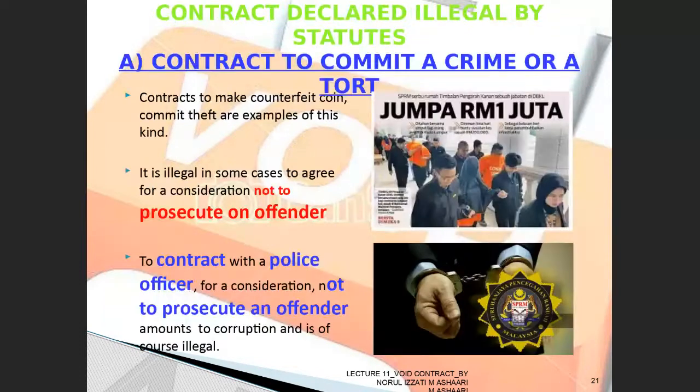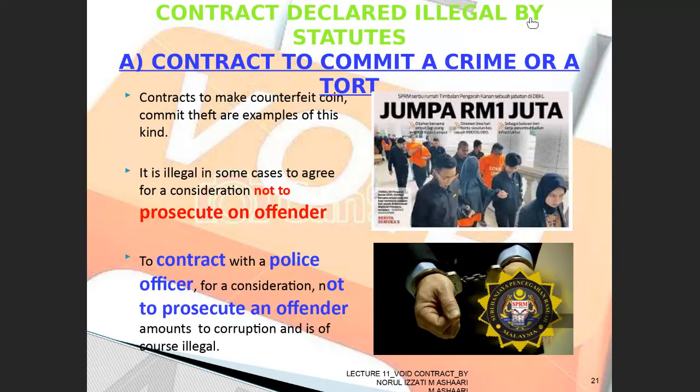Okay, next one, we look at the issues that lead the contract to be void under English common law. Number one, a contract to commit a crime or a tort. This is what we saw in my earlier explanation. A contract to carry out any criminal act will be considered illegal. For example, in Malaysia we have SPRM, the anti-corruption commission.